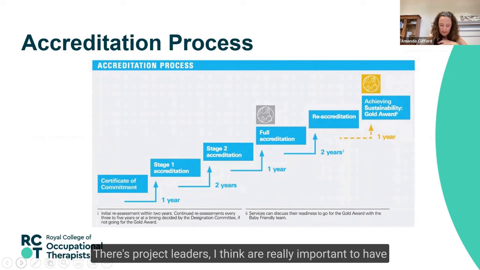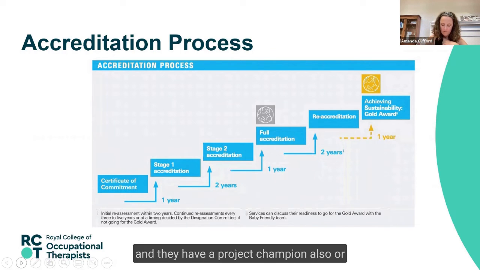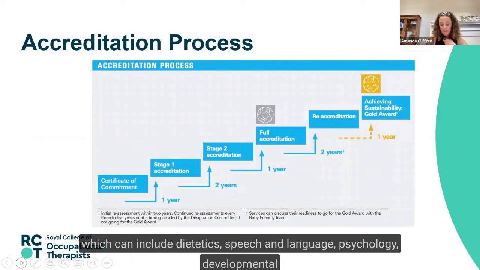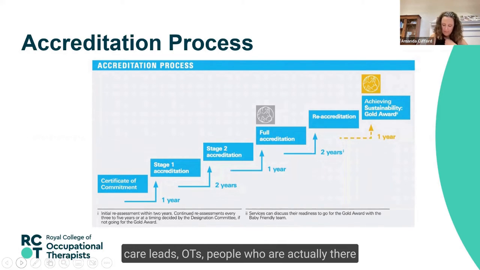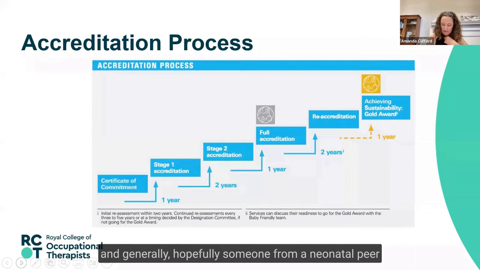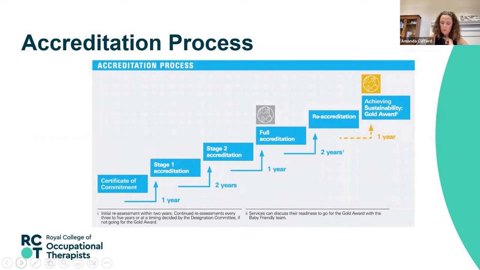There's project leaders, I think, are really important to have, and they have a project champion also, or project team leader, which tends to be a lead nurse or one of those clinical senior staff. And then they have a team of people, which can include dietetics, speech language, psychology, developmental care leads, OTs, people who are actually there, and generally, hopefully, someone from a neonatal peer support group as well.